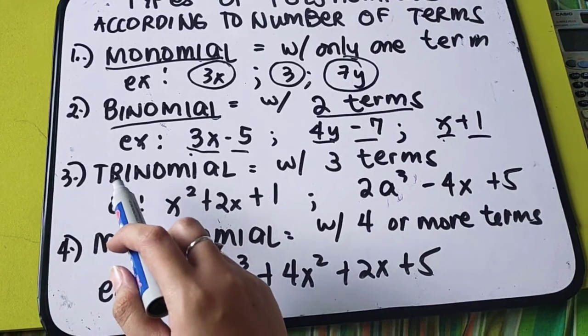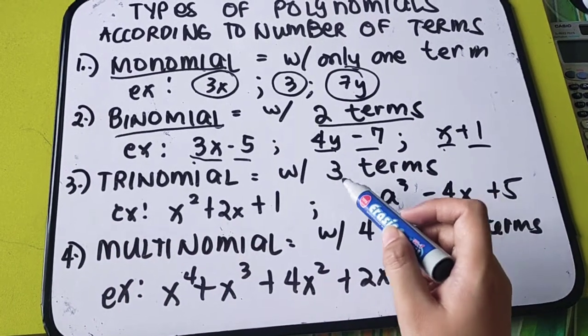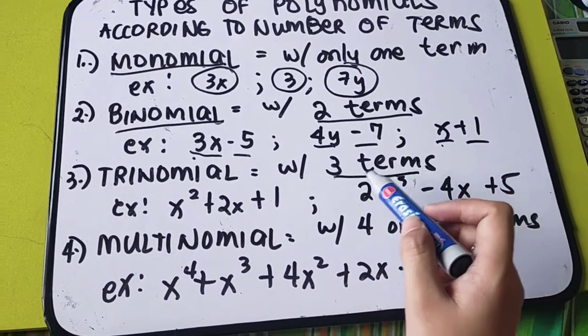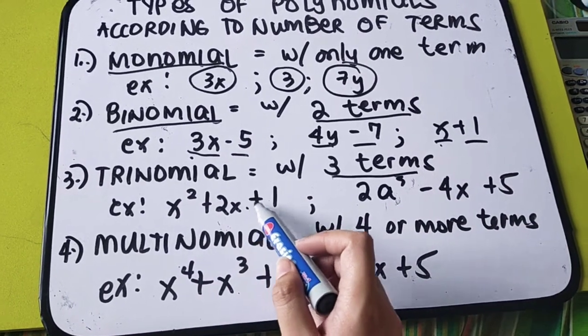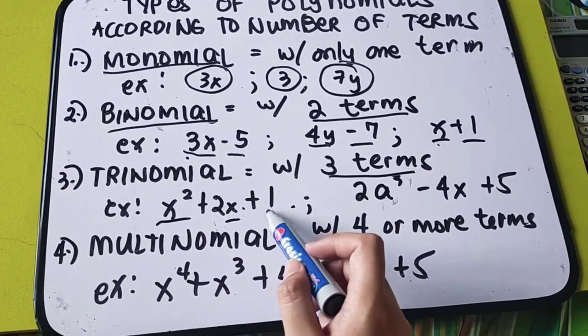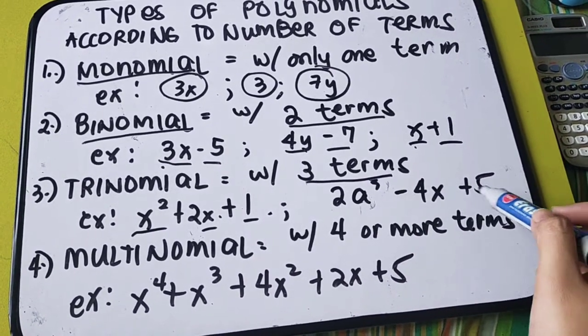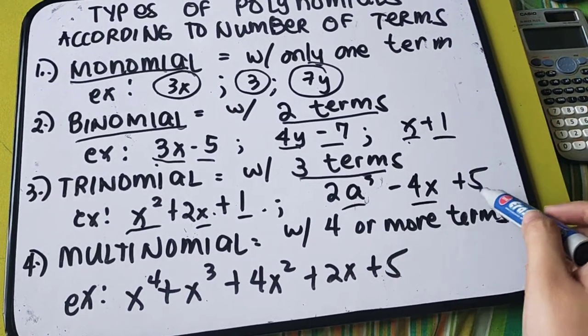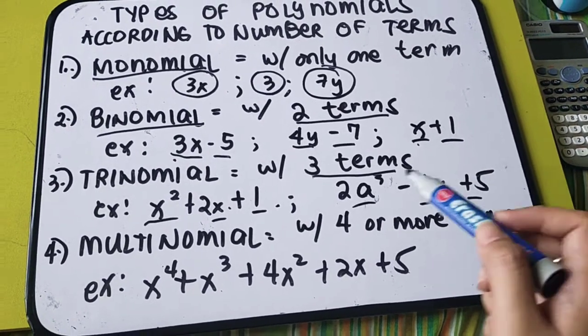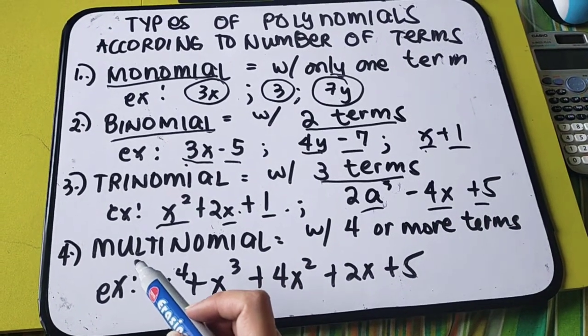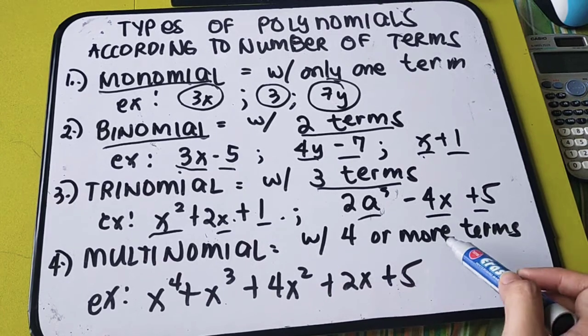Next, we have what you call trinomial. When you say trinomial, we have 3 terms. For example, x squared plus 2x plus 1. We have x squared, 2x, and then 1. Next, 2x cubed minus 4x plus 5. We have 2x cubed, negative 4x, and then 5. Alright? Then, multinomial, with 4 or more terms.